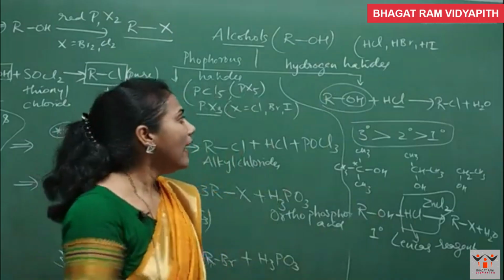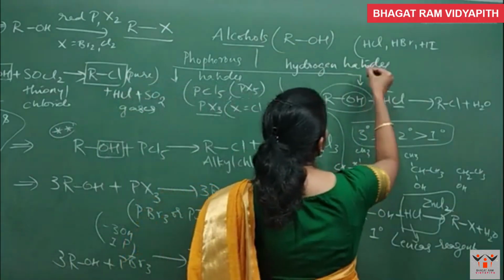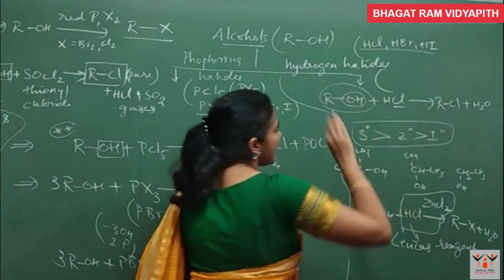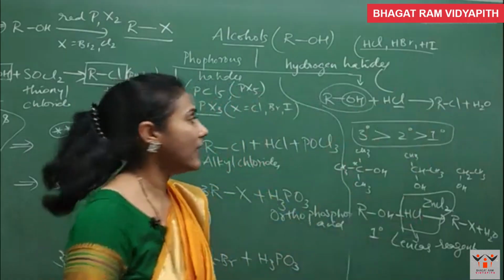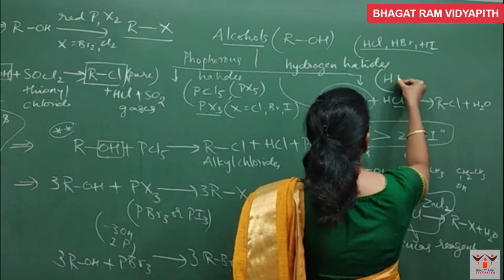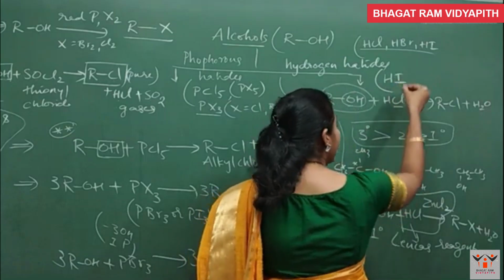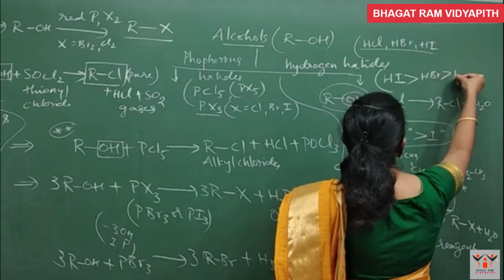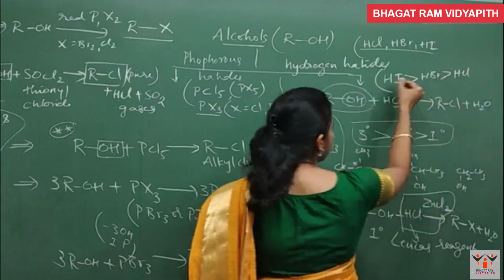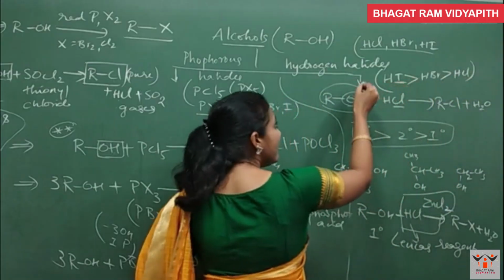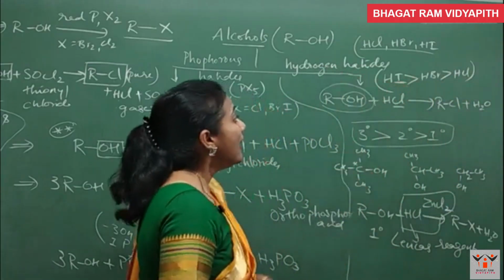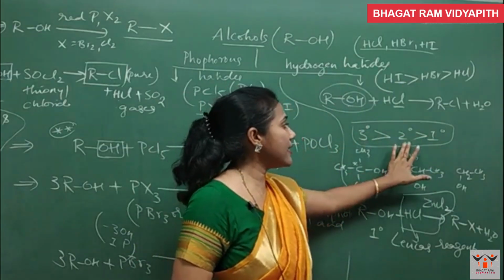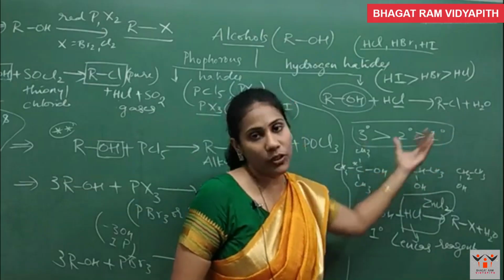Okay, fine. And actually among the hydrogen halides, you have three types, right? One is HCl, HBr and HI. Here HI will react very nicely compared to HBr, and HBr is more reactive than HCl. So this is the order of reactivity of hydrogen halides. And the order of reactivity of alcohol is tertiary greater than secondary, more reactive than primary.